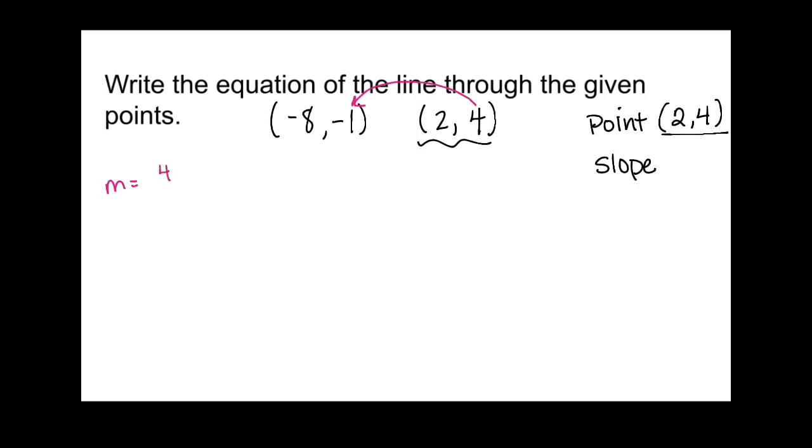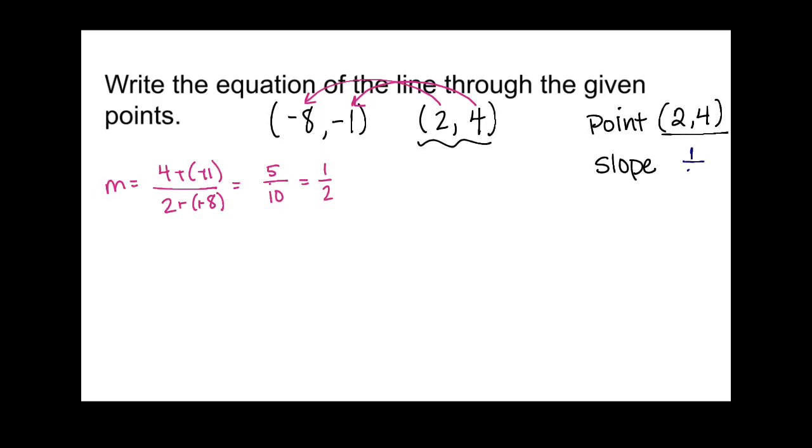So 4 minus the other y. And then because I chose 4 to go first, I need 2 to go first on the other one. So 2 minus the other one. So then this becomes plus, that's how I got 5, and then this becomes plus, that's how I get 10, and then reduce that and get 1/2.